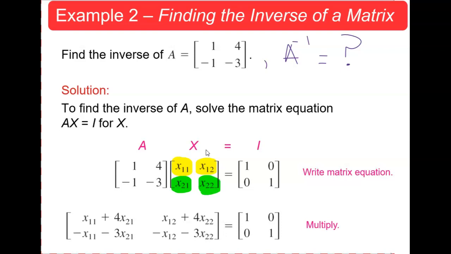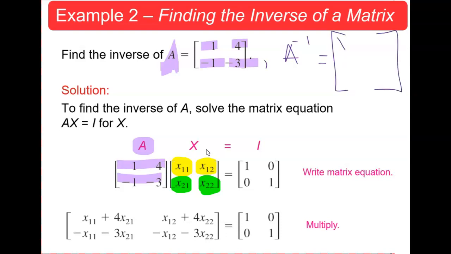So we take the matrix A, the one that we're trying to find the inverse of, and we have that matrix here. It has the same numbers: 1, 4, -1, -3. And we want to find the x values, because those x values are going to give us the answer to our question.